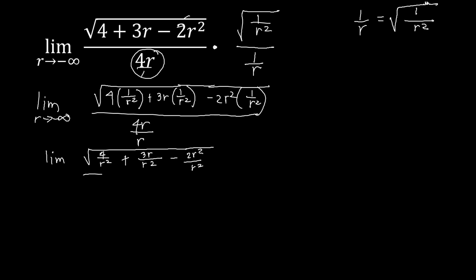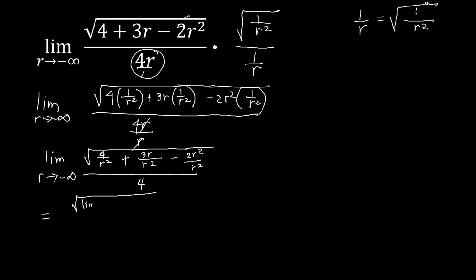All over, your r will be canceled here, so this is now 4. And then as r approaches negative infinity, simplifying further, we can put the limit inside the radical symbol. We're skipping things here so that it will be quicker.